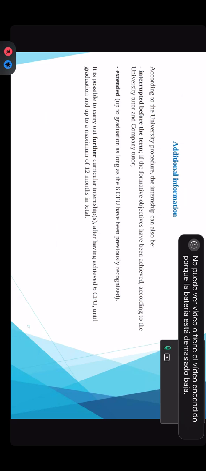I let you know that you can change something on the run if you formally ask and justify why you should stop before the expected term, even if, of course, you have to have worked long enough, three months, to deserve the credits. So you cannot start for three months and stop after one. You will not have the credits after one month.